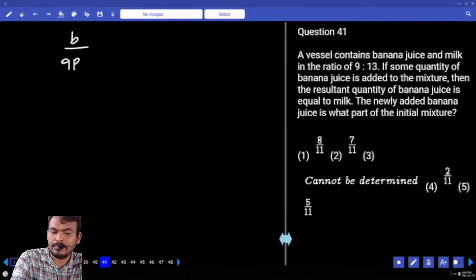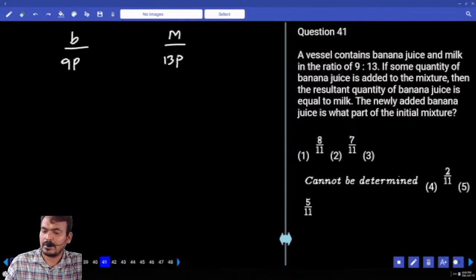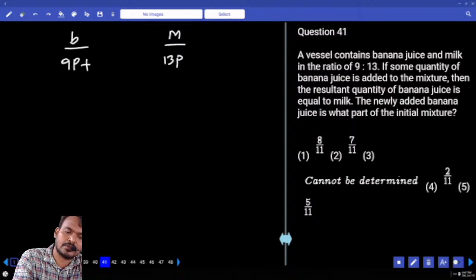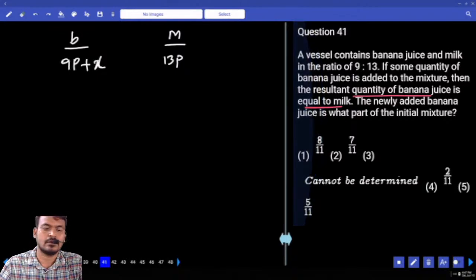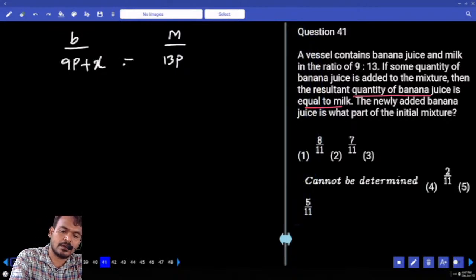And milk is how many parts? 13 parts. Next, some quantity of banana juice is added to the mixture. Suppose it is added x, and then the resultant quantity of banana juice is equal to which one? Milk. Means these two are equal.